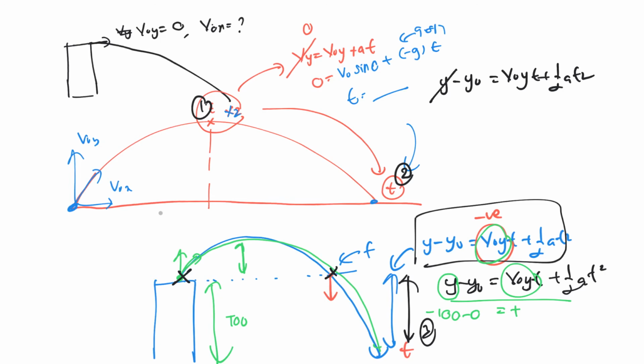So y is the final, which is this one, and y naught is also 0 because you reach at the same level. That's the reason why we didn't count this displacement there, because it's going to be 0. You start from 0, you reach 0. That's why you only take 100 into the equation for this one.